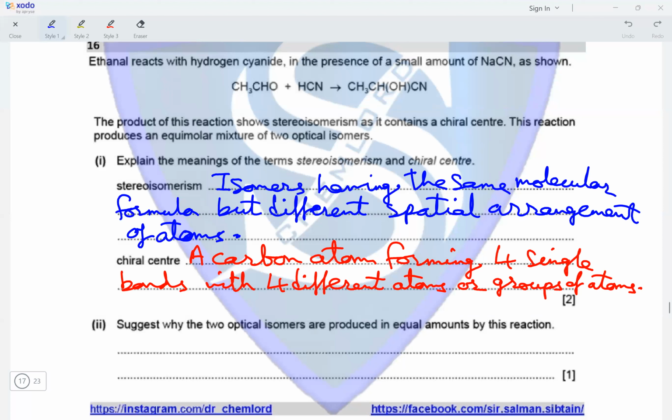Suggest why the two optical isomers are produced in equal amounts by this reaction. So we have a molecule of CH3CHO.